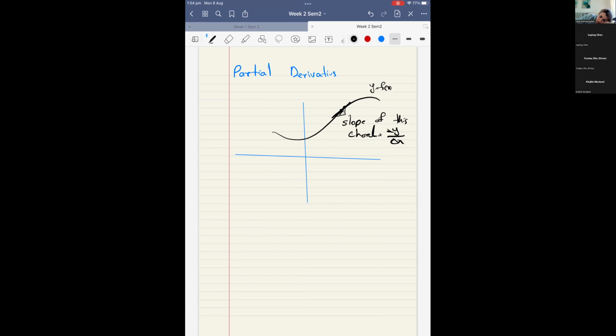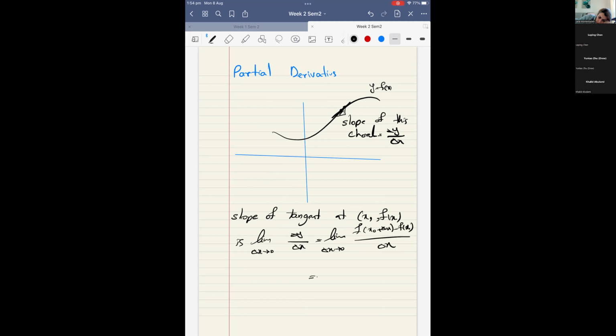For 2 dimensions, the slope of the tangent at x0 and f of x0 is the limit as delta x goes to 0 of delta y over delta x, which is equal to the limit as delta x goes to 0 of f of x0 plus delta x minus f of x0, over delta x.